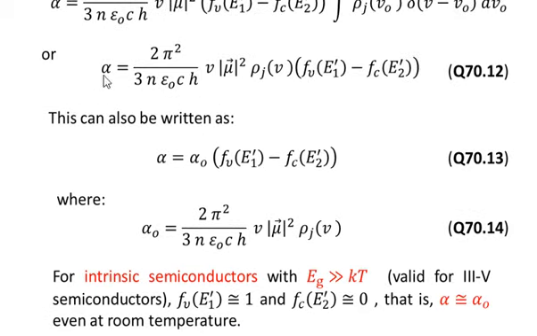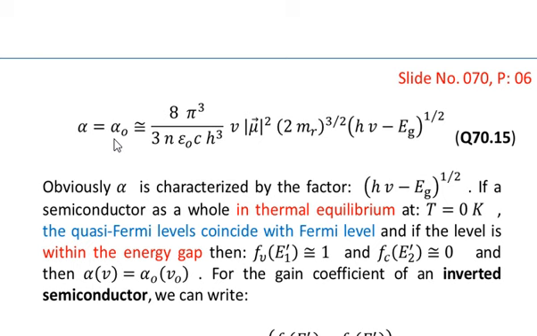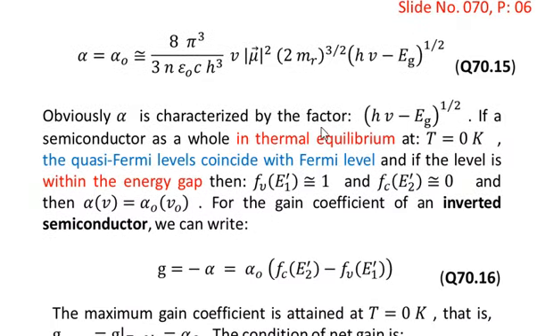Here we had the value of alpha depending upon rho j of nu, and here we have eliminated rho j, and we have this full expression that alpha is equal to alpha naught and equal to 8 pi cube over 3 epsilon naught c h cube, multiplying by nu, multiplying by the absolute square of mu, and then (2 mr) raised to power 3 by 2, and then the square root of h nu minus Eg as given in equation number 15. Obviously alpha is characterized by the factor (h nu minus Eg) raised to power half.